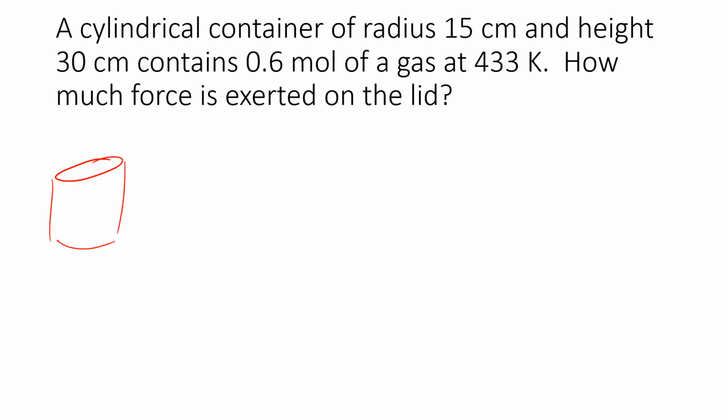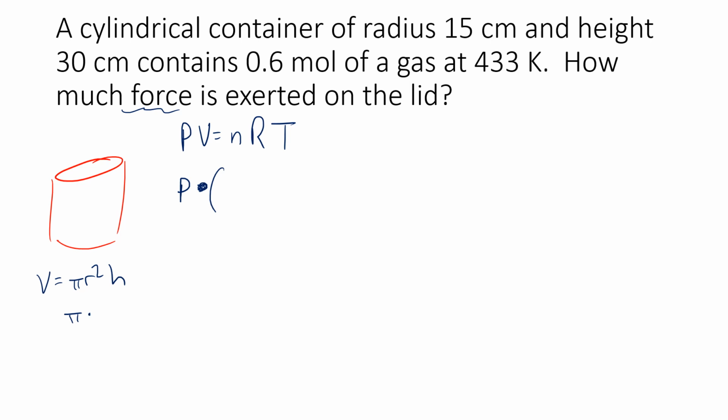Okay, so what we're going to look at is PV equals nRT. So pressure, we don't know what pressure is. We're going to figure it out because that's related to force. So we're going to do that in a second here. P times V. What's the volume? Well, we got to figure that out. Volume of a cylinder is going to be pi r squared times h.